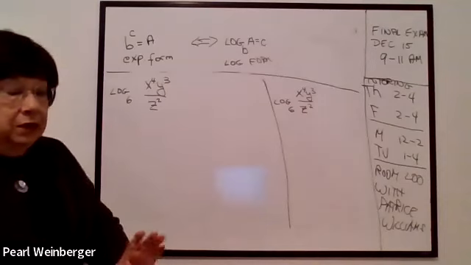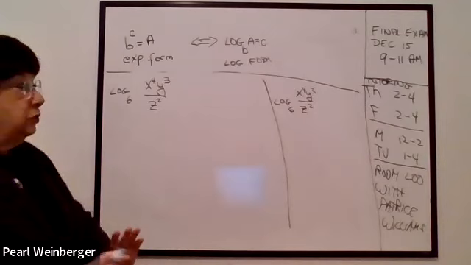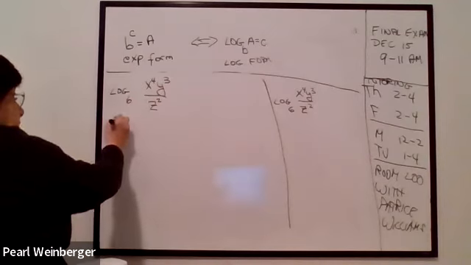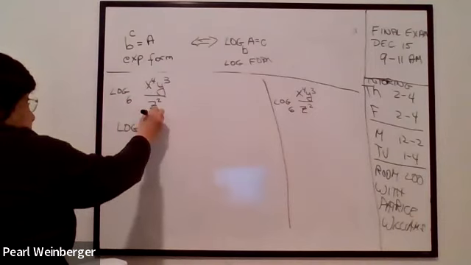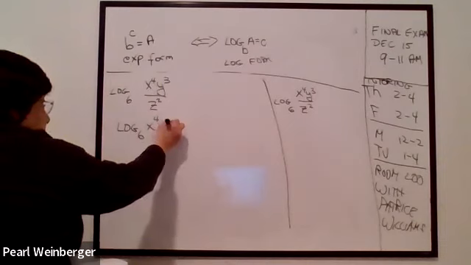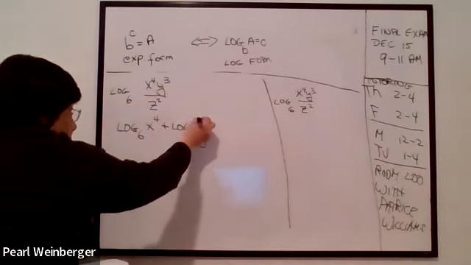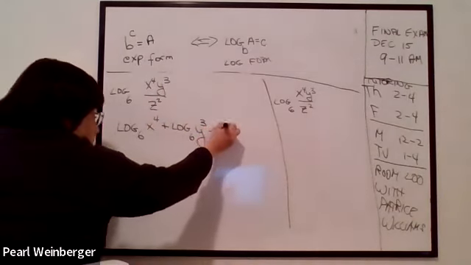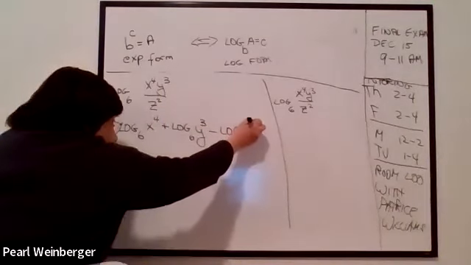And we want to expand this. So we first look for multiplications and divisions. I see the two top numbers are multiplied, so I'm going to do log base 6 of x to the fourth plus log base 6 of y to the third. And this is dividing, so that's going to be minus log base 6 of z squared.